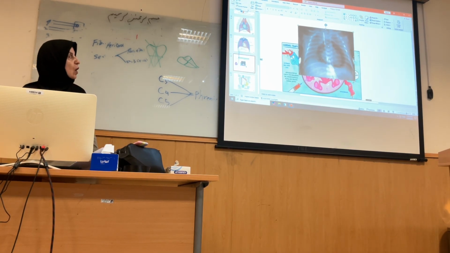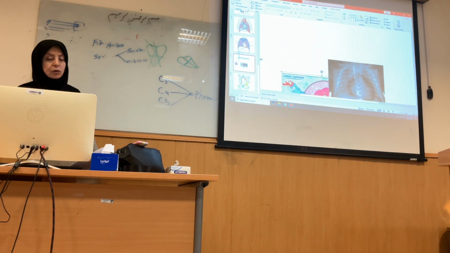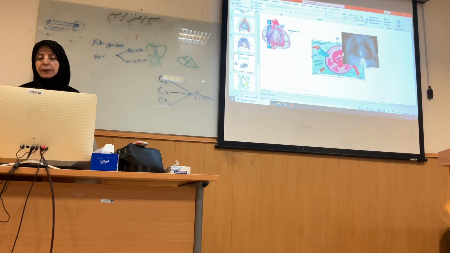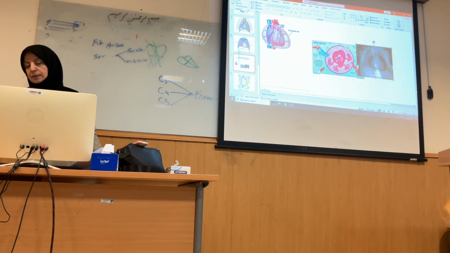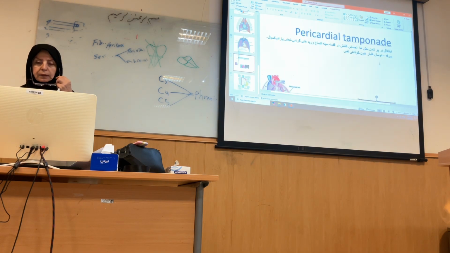It is going to compress the heart. This accumulation of liquid is going to lead to bad function of the heart that we call tamponade of the pericardium. Tamponade of the pericardium is bad function of the heart.